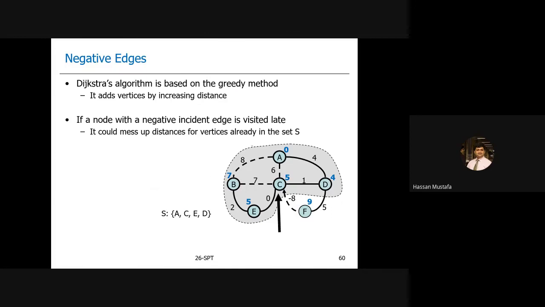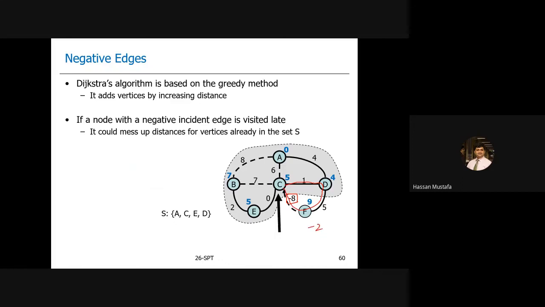So the last point that I want to discuss here is that this Dijkstra algorithm does not work when there is a negative edge, where the cost of an edge is so big that if I have a cycle in the graph, the cost of the cycle becomes negative. If I see these three vertices C, D, and F, the cost between these vertices is the cost of these edges, 1 plus 5 minus 8, that is minus 2. So the cost of this cycle is minus 2.